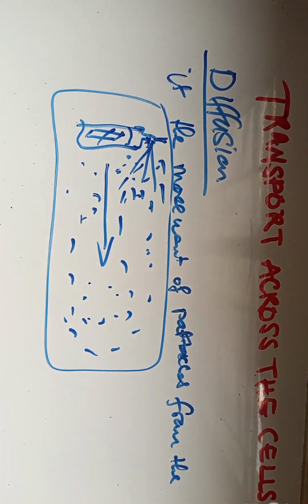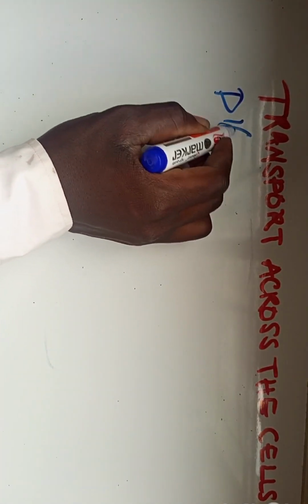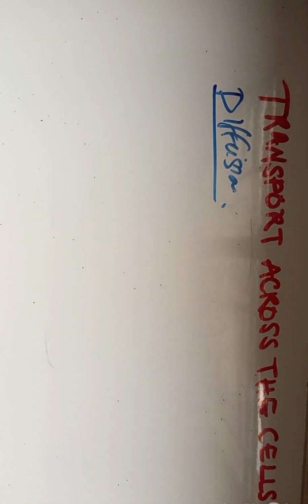Another example or illustration which I can give, here it is diffusion. Apart from this one, we can have a house where someone wants to start a fire.